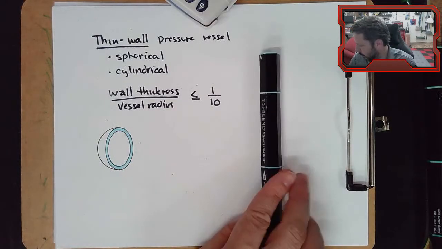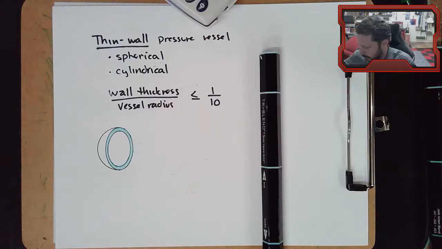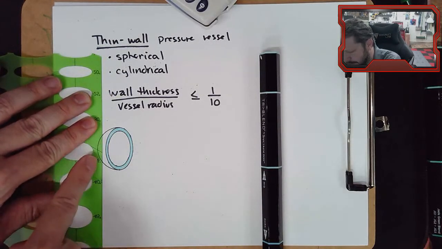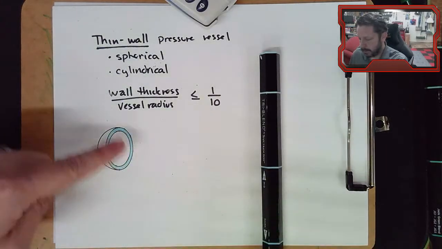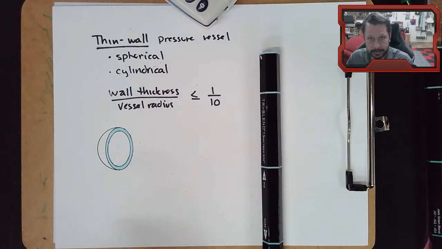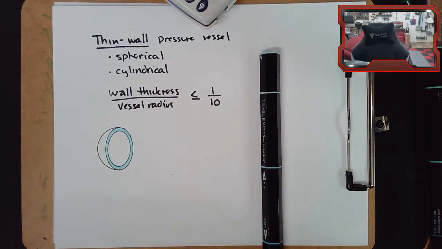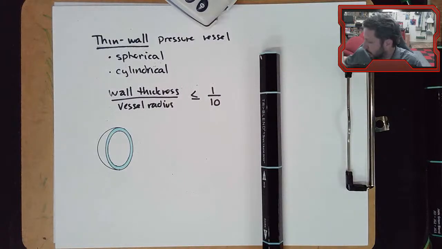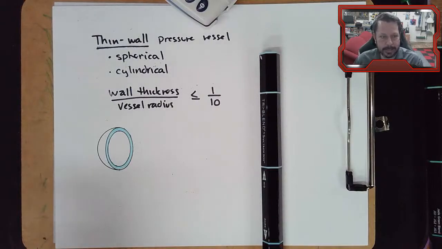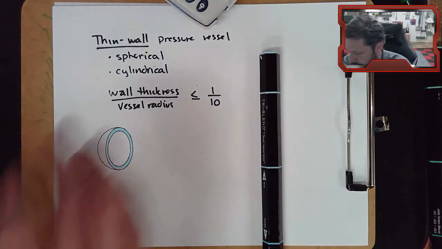Now if you thought about slicing like the edge, maybe like slicing back here and slicing this edge off, you could do that. And it'd look more or less the same, except the ratio of wall to the inside would be different. And it would turn out that the stress in the wall there would be lower than the stress we're going to calculate here. This is the worst case way to slice up the pressure vessel if it's a sphere.